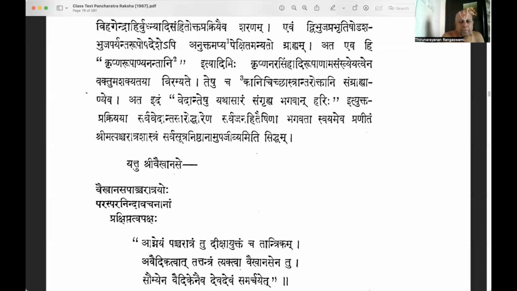So when we get advice over the procedure to be adopted for the divine figures with either 2 hands or up to 16 hands, Upadeshe Api, so even in that advice, what should we do? Anuktam api apekshitam anyataha grahya.